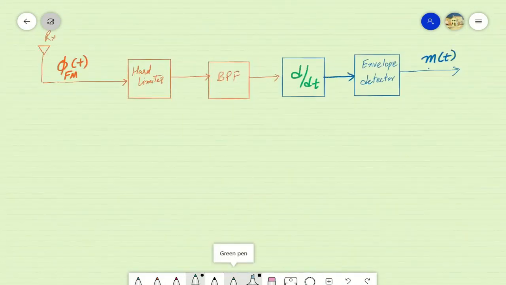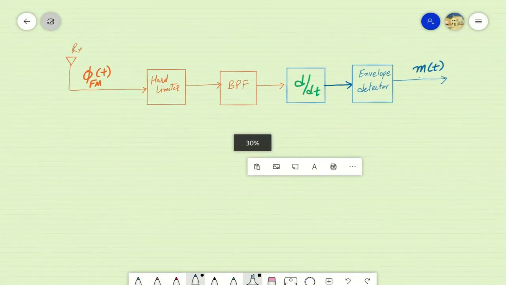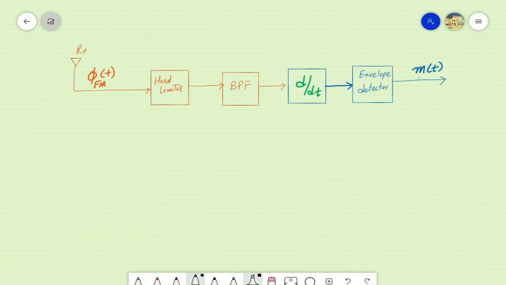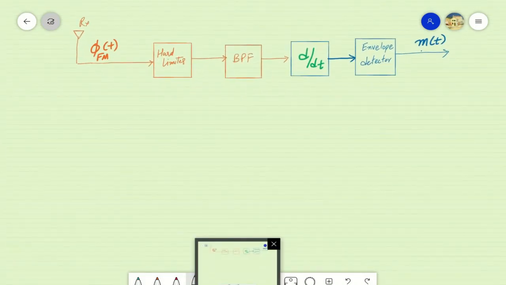This derivator block translates the frequency variations of the input signal into the peak amplitude variations of the output signal. So the derivator can also be realized by observing its response in the frequency domain, as a frequency domain filter or a system which has a frequency selective response.